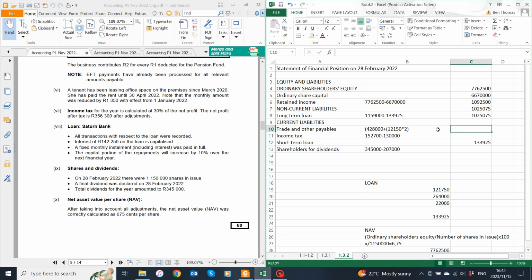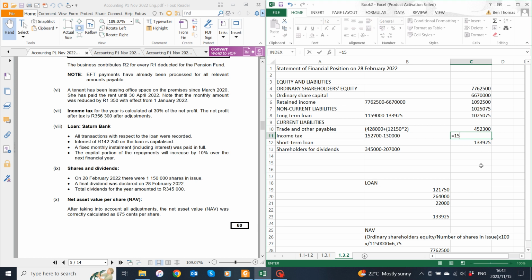Now we're going to deal with current liabilities. Okay, so we're going to basically do this sum. So let's see what happens. 428,23 plus, and another bracket, 12,150 multiplied by 2, close both brackets, gives us 452,300. Then income tax, guys, remember, is the amount that we still owe.